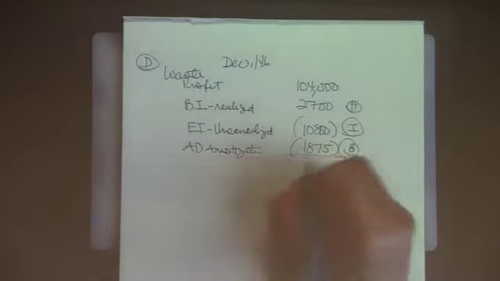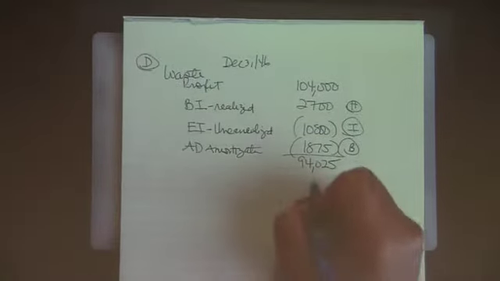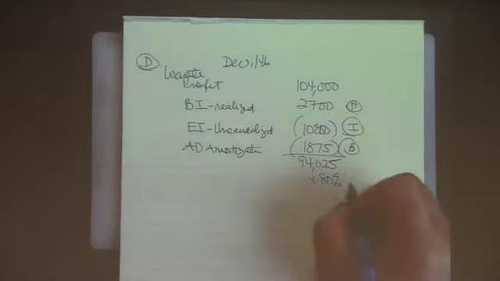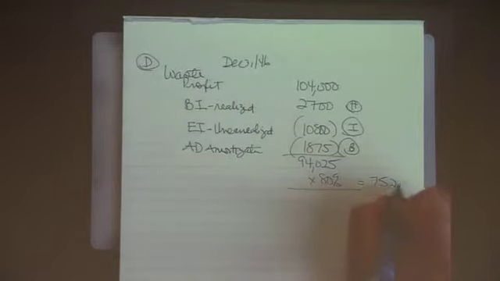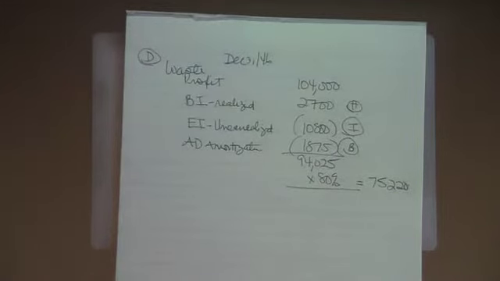And that gives us 94,025, and 80% of that is our income. But check this out, you guys. How much of this is non-controlling interest?